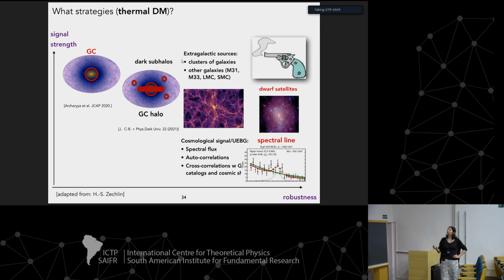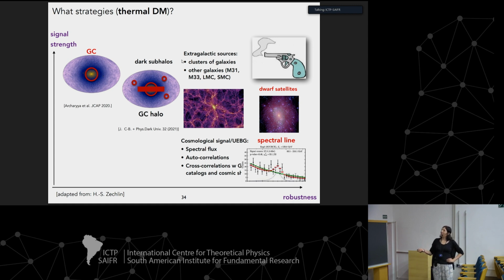And so this is typically one of the ways to present how people think about the dark matter search targets. We're talking about various targets that we have, but here they're plotted in terms of signal strength, where you expect the signal to be highest, but also the robustness, like how robust a discovery would be.